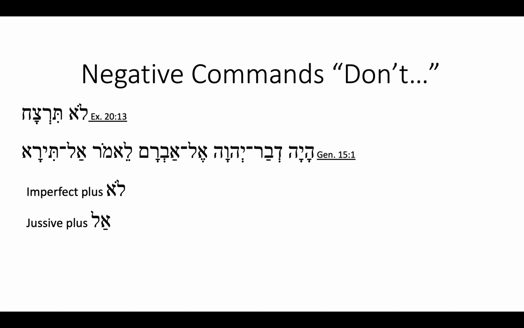But sometimes we get negative commands using al plus jussive. And again, jussives and imperfects are often the same form, so sometimes we might not be able to differentiate the fact that al is preceding a jussive.